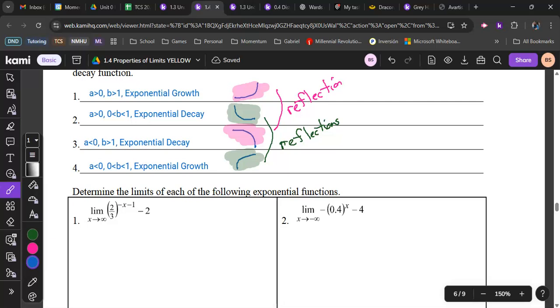Are you guys ready? Can I keep going now? In this case here, what's A? What is A, guys? First one.